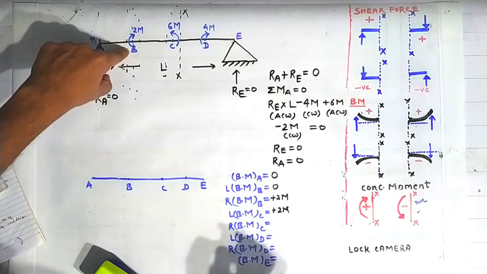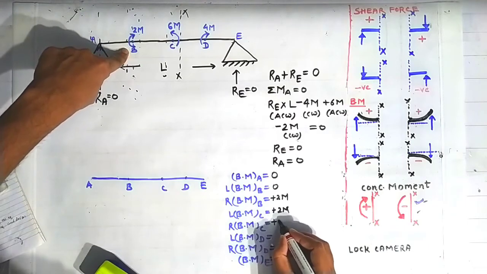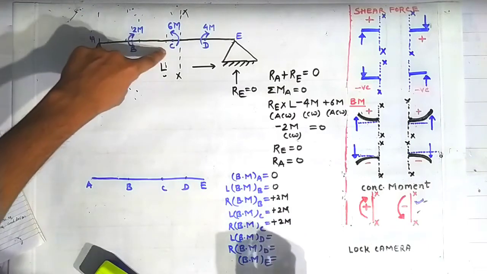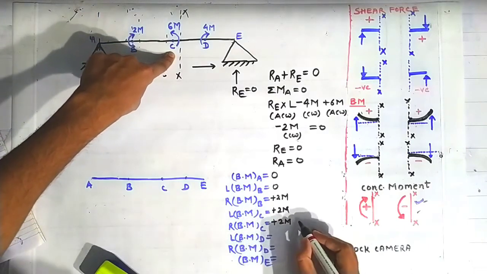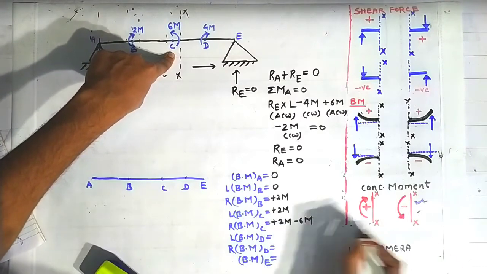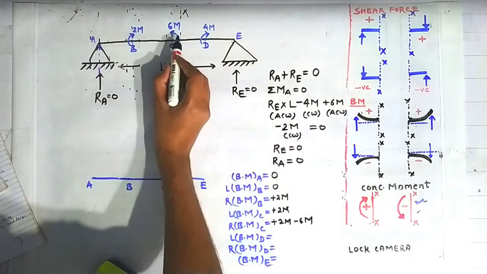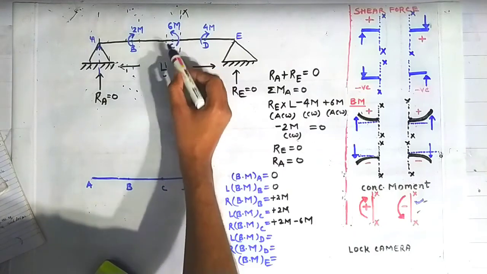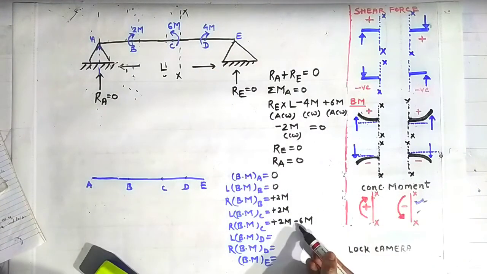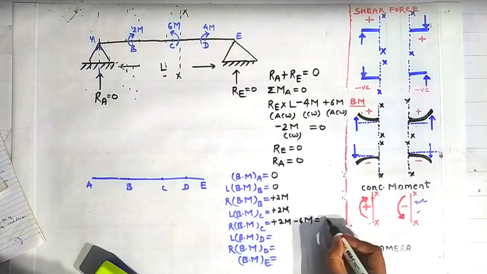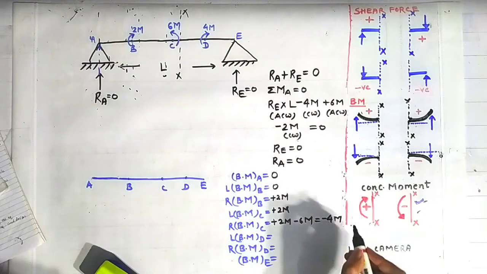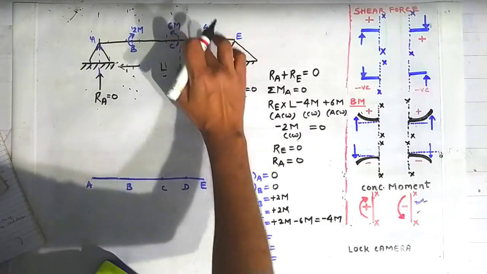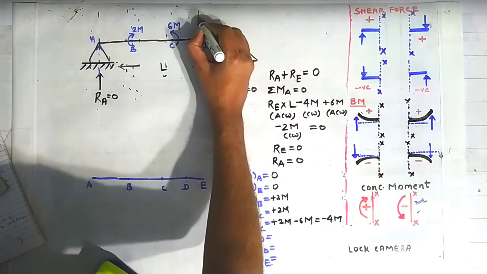So because of this moment, there will be a moment of plus 2m here, and because of this concentrated moment, there will be a moment of minus 6m using this sign convention, because it is going in anti-clockwise direction and lying on the left hand side of this section XX. So using this sign convention, it is coming out to be negative, and it will come out to be minus 4m.